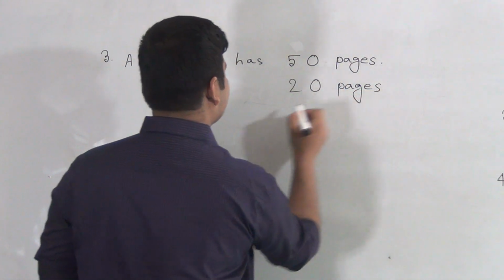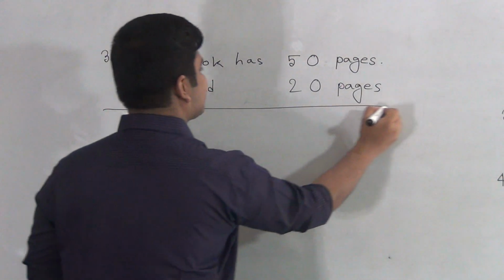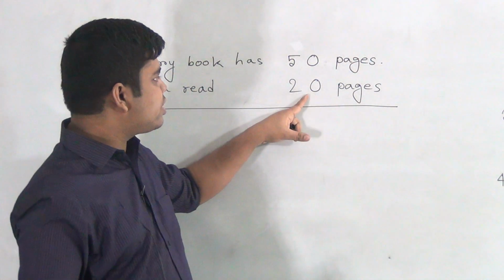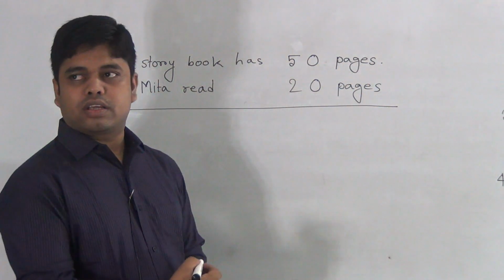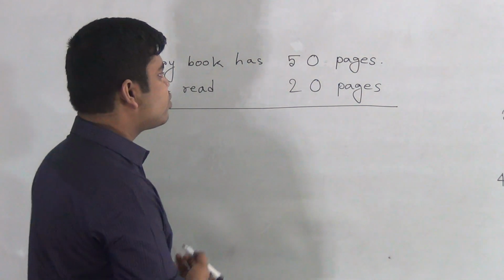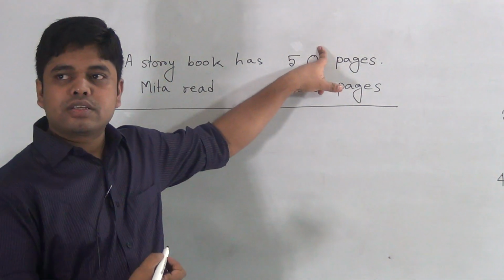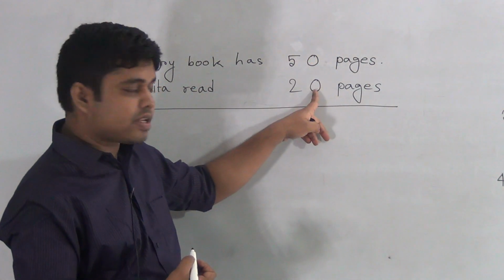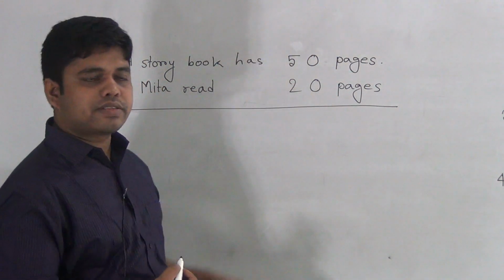My dear students, please notice, you must write this 20 under 50. If you don't write 20 under 50, then the answer is wrong. So you must maintain the ones and tens places. That means you write the ones place in the same position and the tens place in the same position.